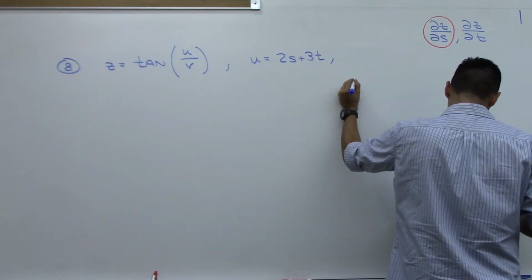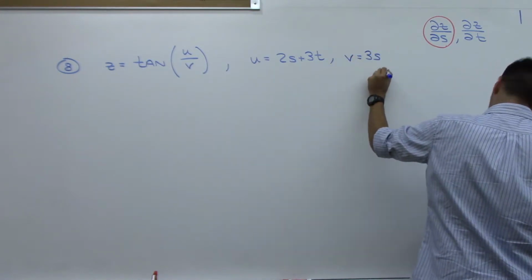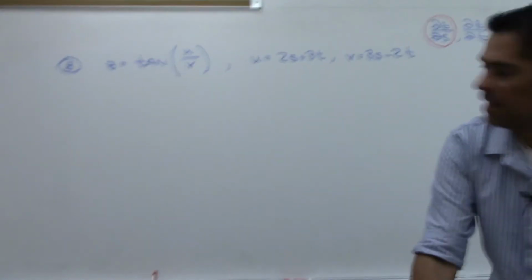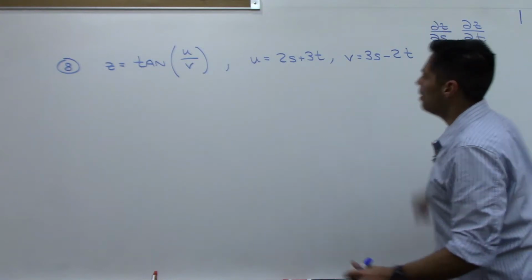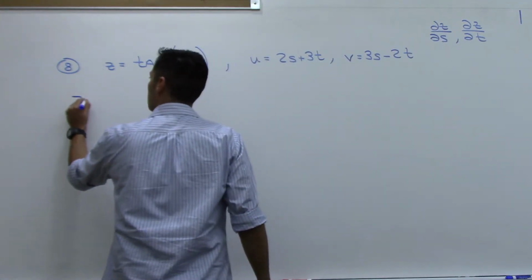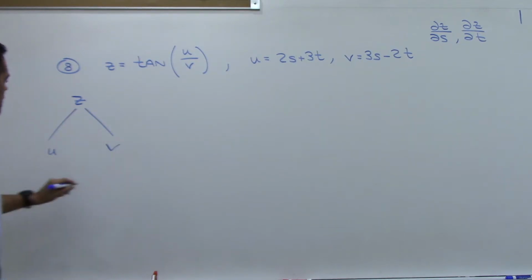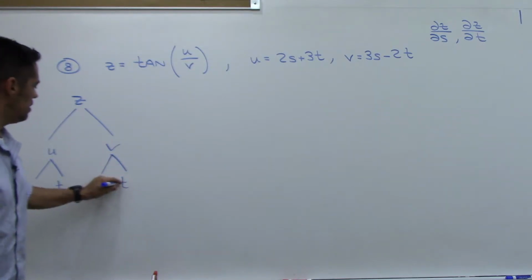V is equal to 3s minus 2t. And they want the same two things here. All right, so let's draw a tree. Z depends on u and v. U depends on s and t. V depends on s and t also.